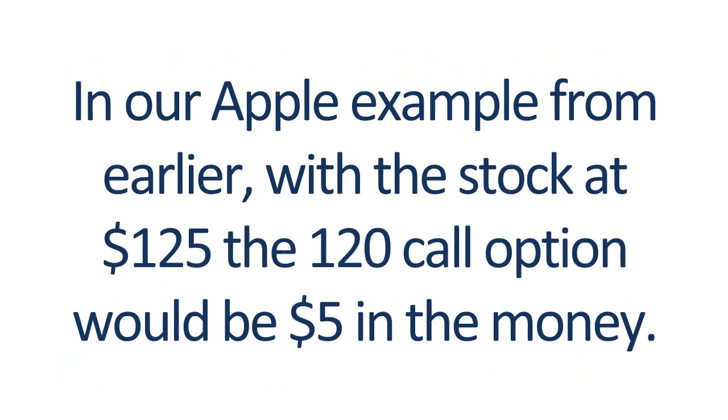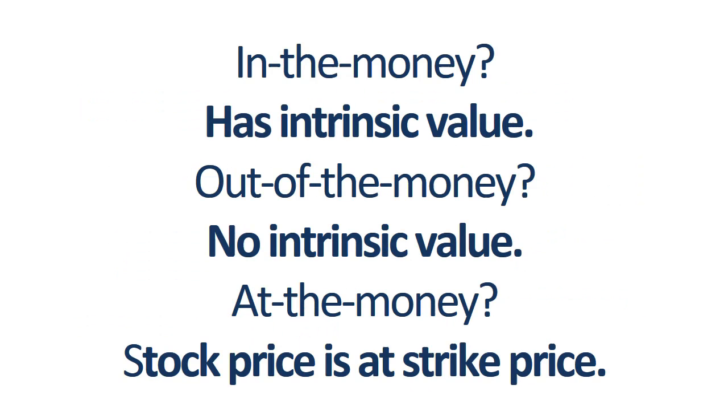In our Apple example from earlier, with the stock at $125, the 120 call option would be $5 in the money. An option is in the money when it has intrinsic value. An option is out of the money when it does not have intrinsic value. An option is at the money when the stock price is at the strike price.